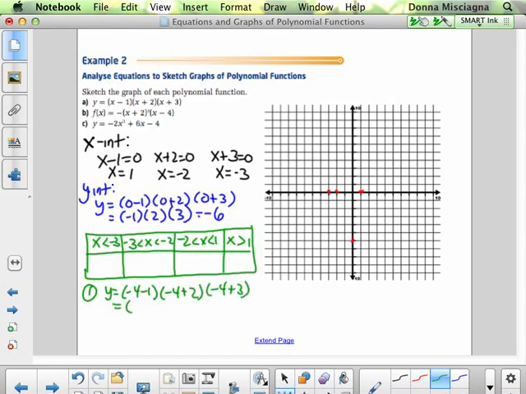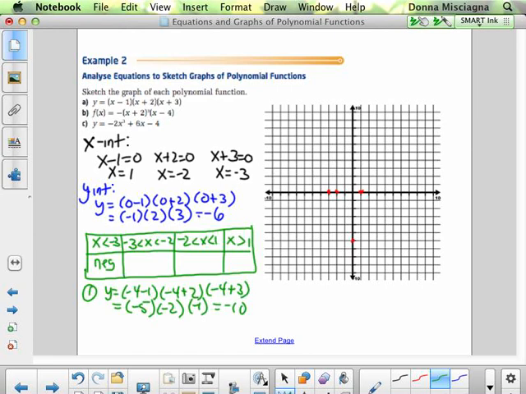That's negative 5 times negative 2 times negative 1, so that's negative 10. So for values of x less than negative 3, our graph is below the x-axis. That won't be an extrema point because our extrema occur between the x-intercepts.